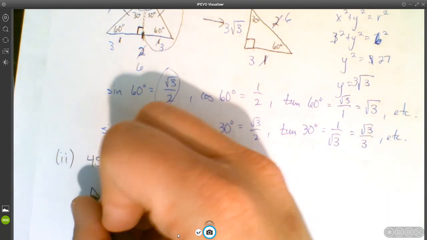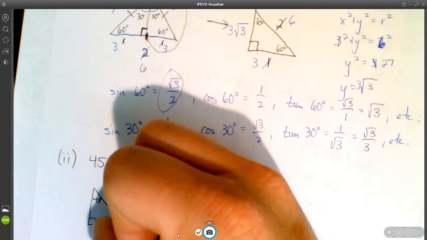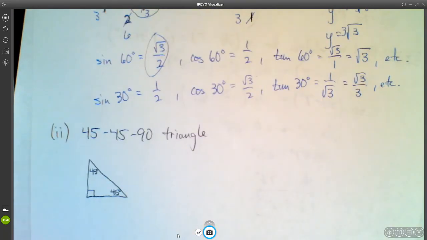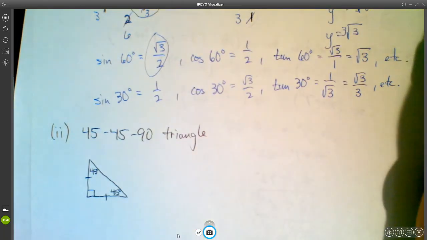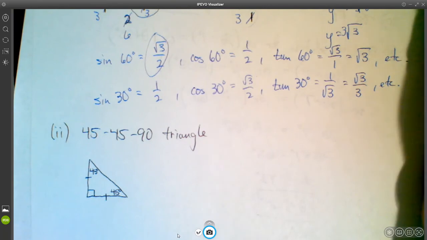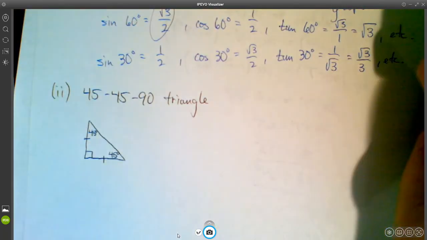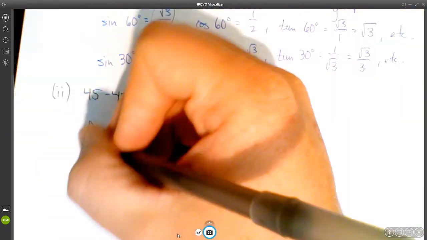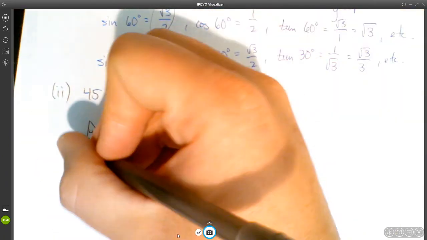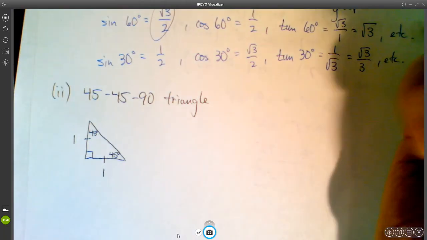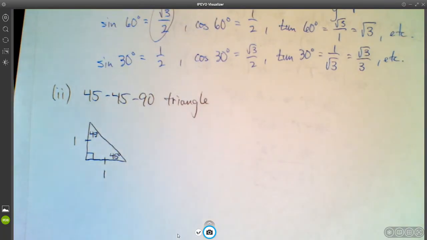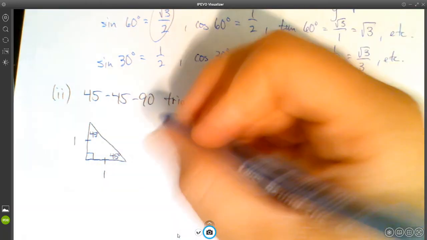A 90 degree angle, and then a 45 degree angle and a 45 degree angle. If both of those angles are the same, then both of these sides are the same length. So really, we've got an isosceles right triangle on our hands. We can call these side lengths whatever we want. I'm going to call them both 1 to make the math a little easier to work out. But again, you could call them anything you like.